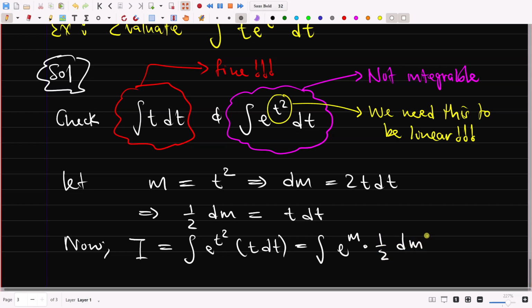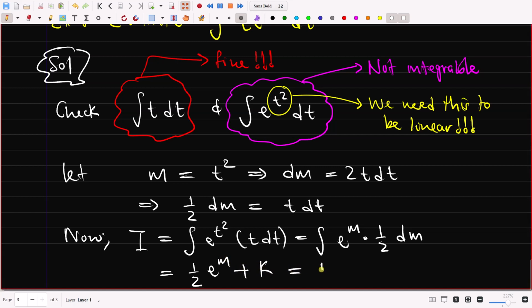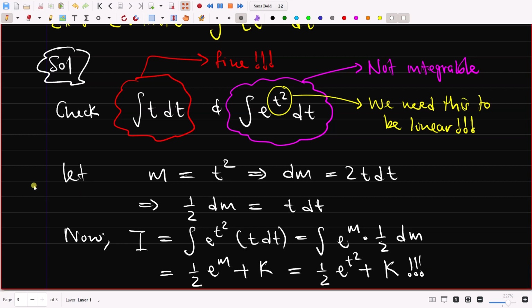So you can pull the half outside, and you're left with e to m dm, which is just going to be e to m plus k, which is then going to be half of e to t squared plus k. So that finishes off. This is how you use the substitution technique to evaluate integrals. Every time you want to evaluate an integral using the substitution technique, this is how you go about it.